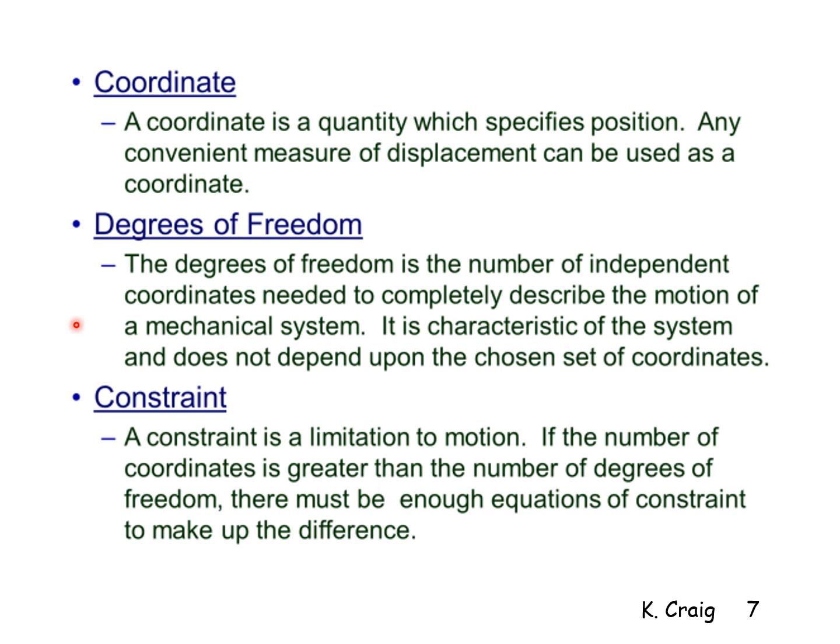The question we ask then is, how many coordinates do I need to completely specify the motion of that system at any time? If I have many rigid bodies in my system, how many coordinates do I need to completely specify all the elements of my mechanical system at any instant in time? This is independent of any coordinate system chosen. It's a property of the system itself.